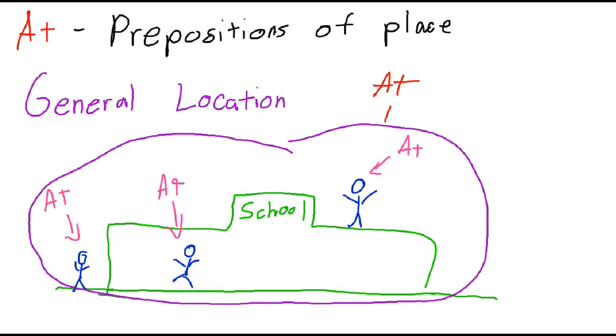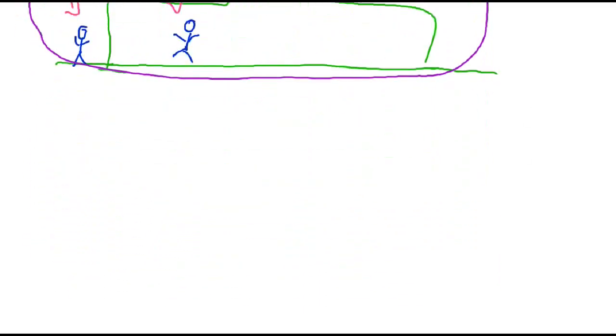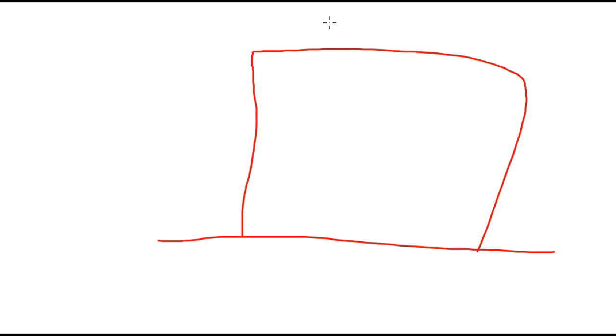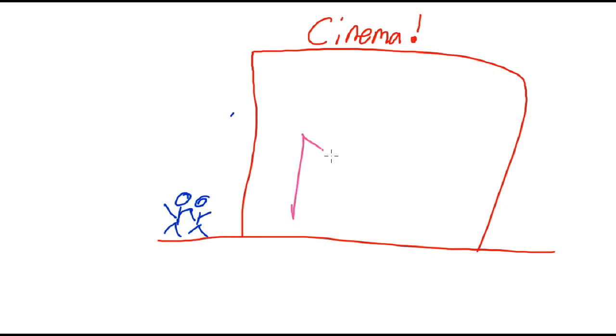Let me give you another example. So let's say if you go to the movies with your friends, if you go to the cinema, like a little bigger building. And you go with your friends and, I don't know, you're waiting with your friends outside. And maybe you have other friends, but those friends are inside the cinema.